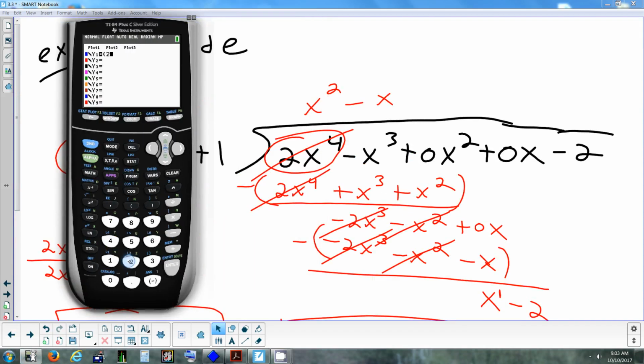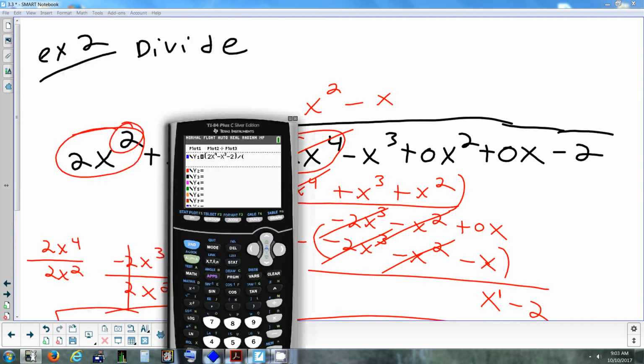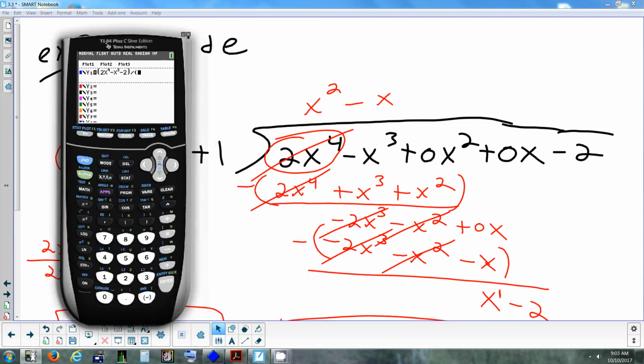So 2x to the 4th minus x cubed. I don't need to put plus 0x squared or plus 0x, just for the purposes of dividing. And then we're dividing by 2x squared plus x plus 1. Okay, so there's the original problem.